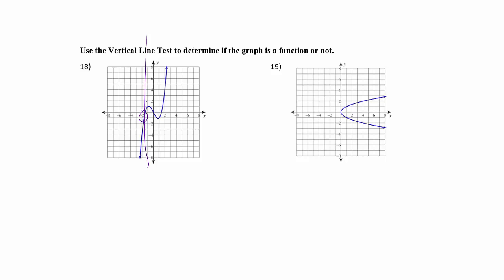If it goes through more than once, anywhere on the graph, it doesn't matter that over here it only goes through once. It just matters that somewhere on the graph it goes through multiple times. That's not a function. So on 18, I would say that it is a function. And on 19, I would say that it is not a function.